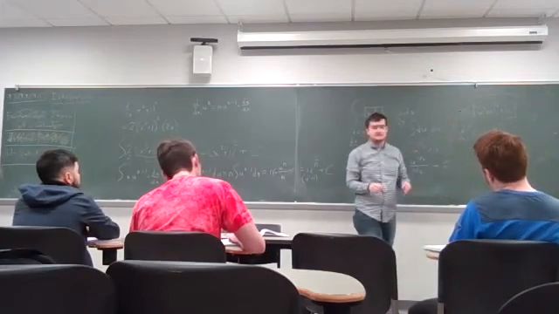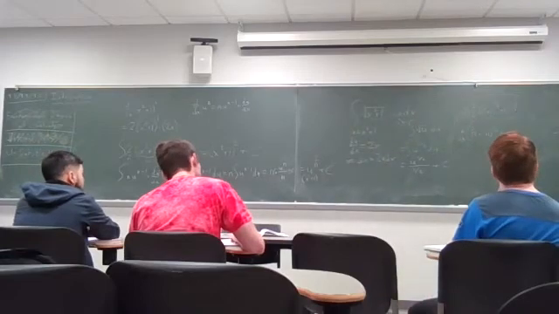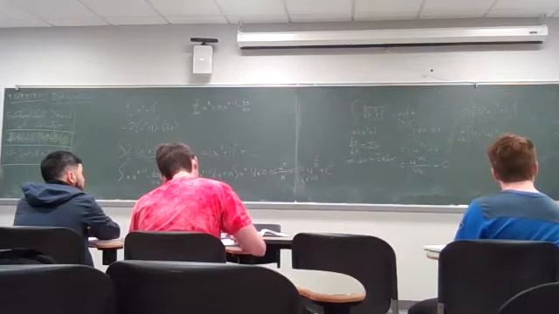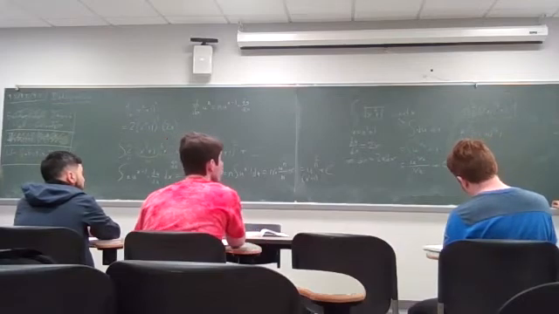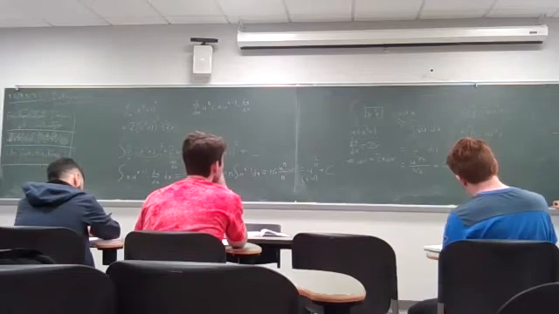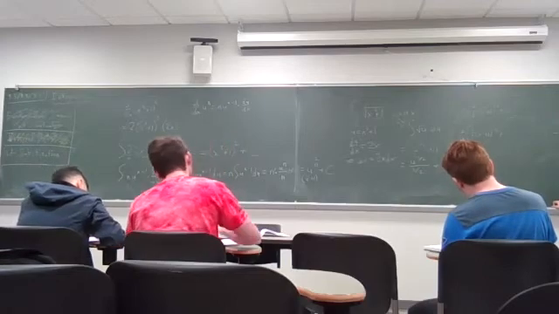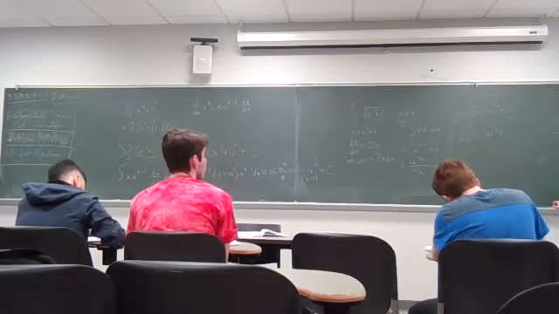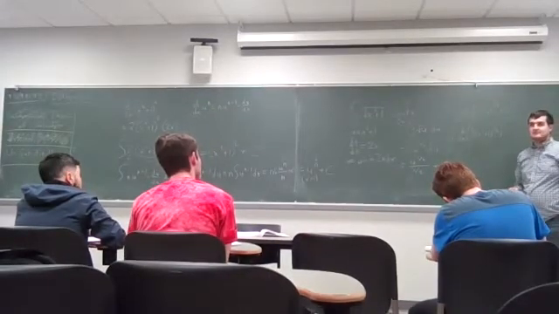Someone help me out with this. What's the derivative of 2/3 x squared plus 1 with 3 halves? Not to the 2x, right? So remember, what is this 2/3 here? It's constant.